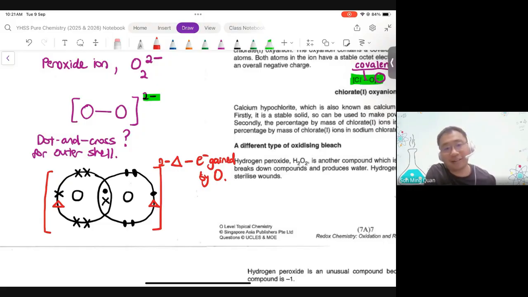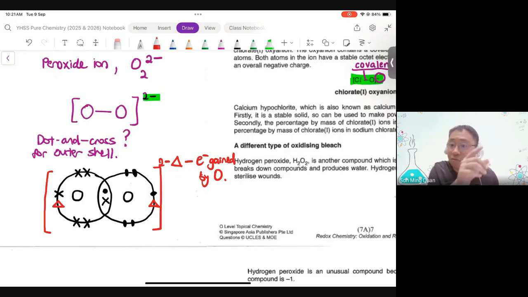All right. So again, the thinking process is important. I know it's a single covalent bond based on the drawing. Single covalent bond means each oxygen shares one electron with each other. So dot and cross. Oxygen is group 16. It has 6 valence electrons. You shared 1. You're left with 5 not shared. After that, you see, the oxygen has not achieved a fully filled outermost shell yet.